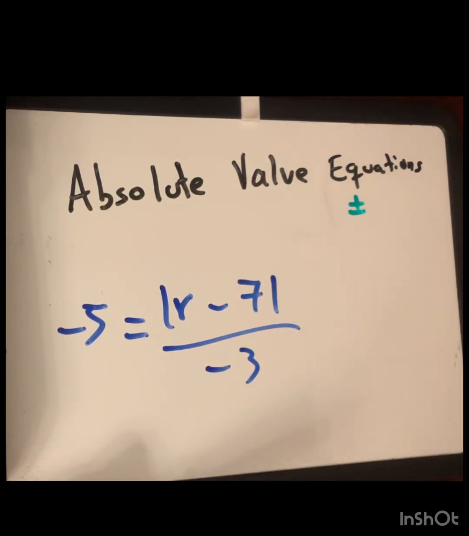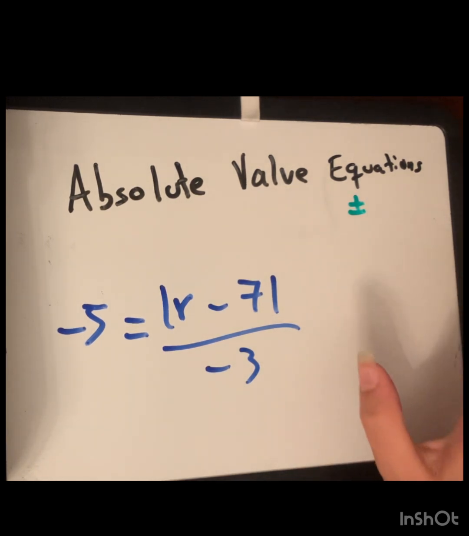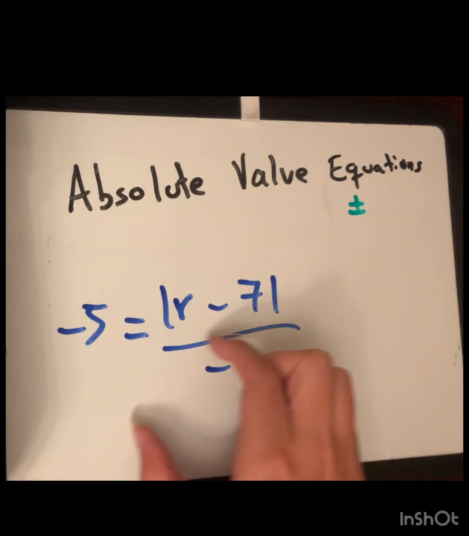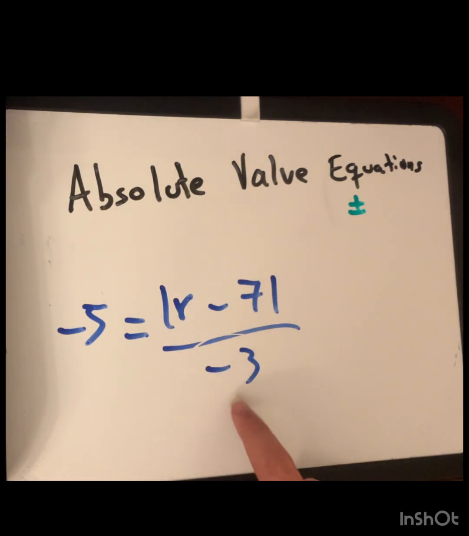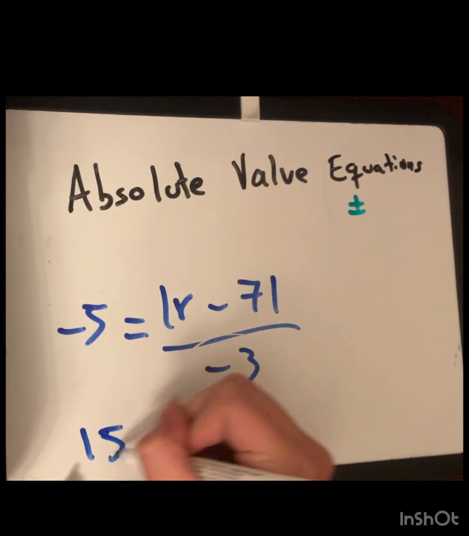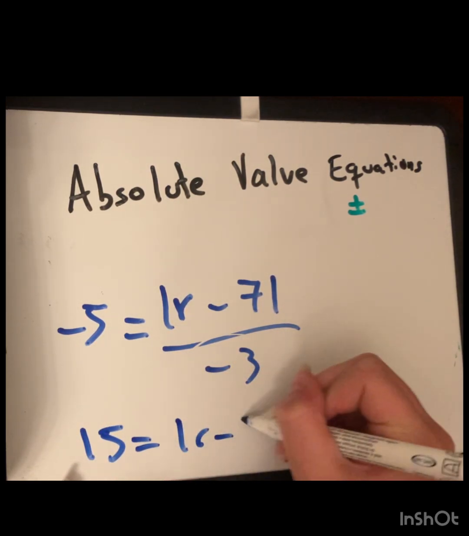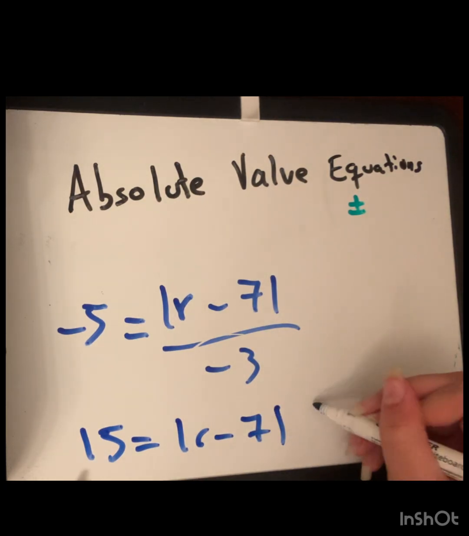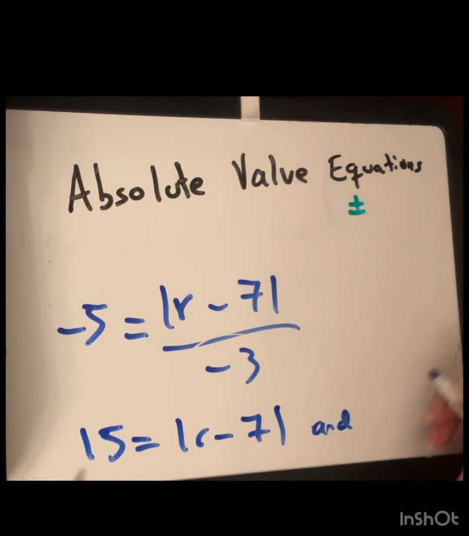It is dividing. Guys, what did I tell you? You guys have to leave the absolute value alone before you can make the second equation. How do you do that? Well, this is dividing, so this would have to move multiplying. So negative 3 times negative 15 is 15. 15 equals r minus 7. And now we can make negative 15 equals r minus 7.